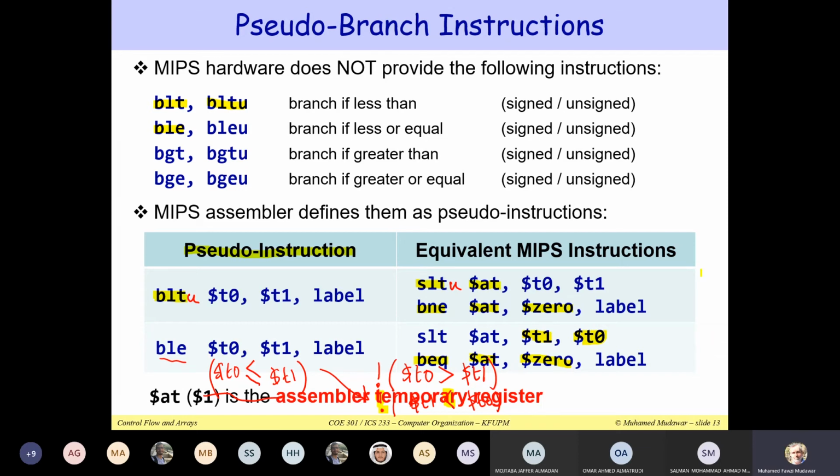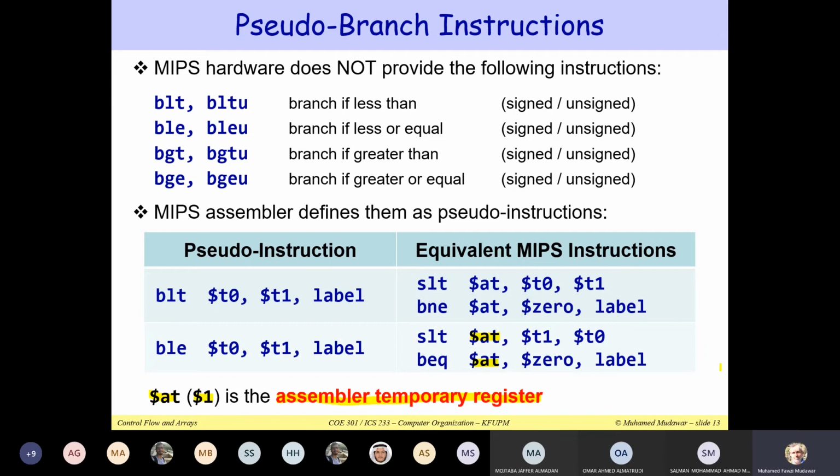Now notice that here I used AT. AT is defined as register 1. Okay, let me just clean up my slide. Let me erase all the ink. So I used here the AT register. In all of these pseudo instructions, you are allowed to use the AT register. So AT here is register number 1, and this register is called the assembler temporary register. AT stands for assembler temporary.